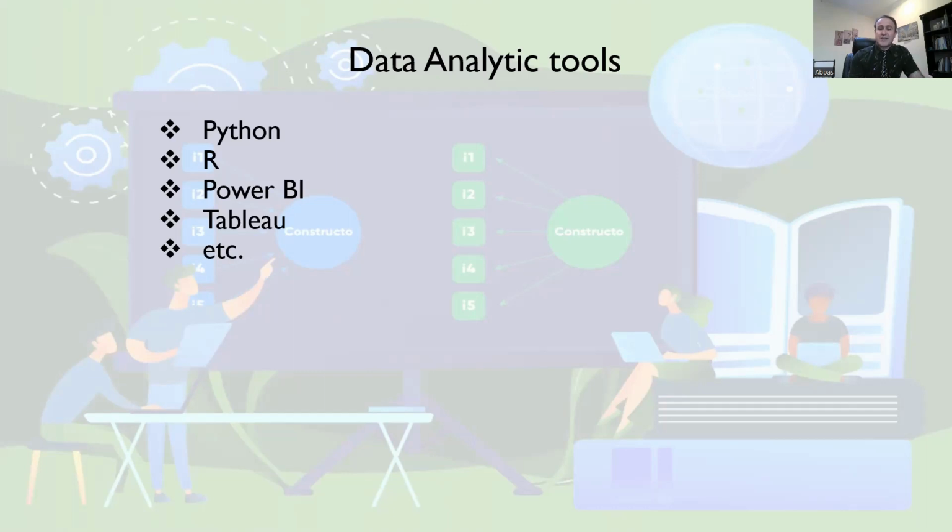We can use Excel, but Excel is very good for small data sets. When it comes to large data sets, Excel has limits. So that's why we go for other software like Python and R. Python and R are very dynamic software, especially Python.